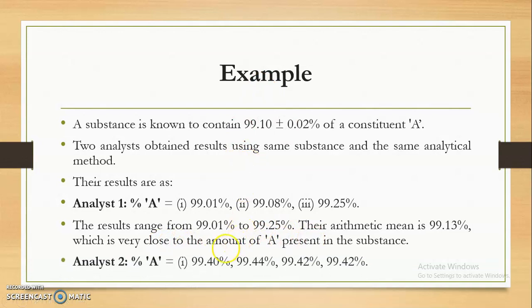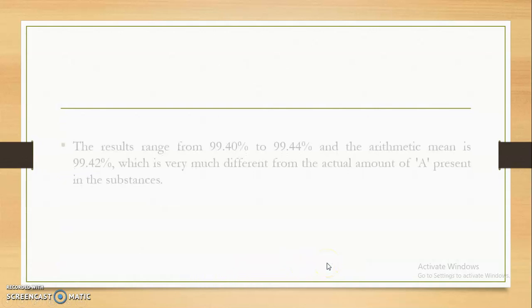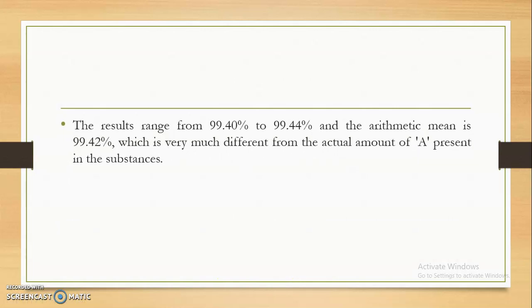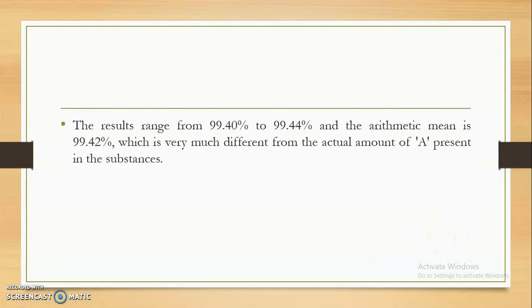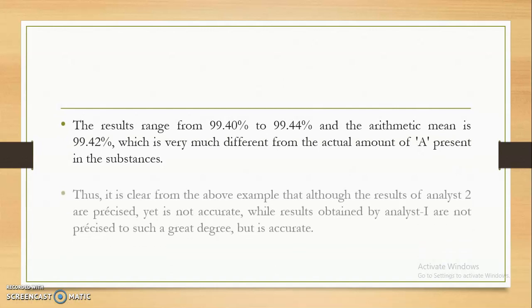Analyst 2, here you can see, has obtained four different results: 99.40, 44, 42 and 42. By observing these results, you can understand the results range from 99.40 to 99.44, and the arithmetic mean is 99.42, which is very much different, because in the earlier case we got an arithmetic mean of 99.13, but here we are getting 99.42, which is farther from the amount of A that is present.